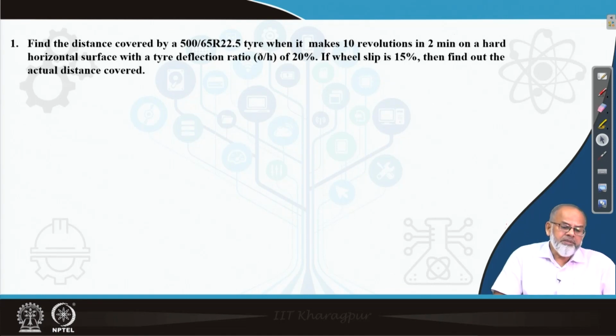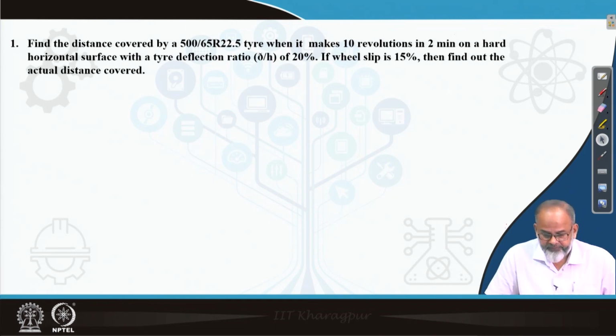The first question is: find the distance covered by a 500/65 R22.5 tire when it makes 10 revolutions in 2 minutes on a hard horizontal surface with the tire deflection, delta by H, as 20%. If wheel slip is 15%, then find out the actual distance covered.